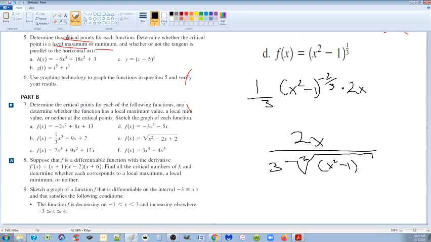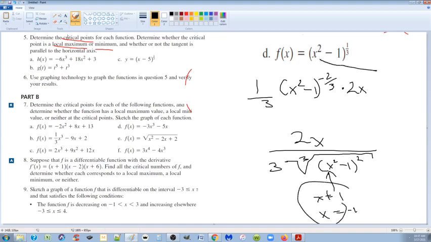Now there will be some conditions down here. We don't want a 0 in there. So that means that can never be 1 or negative 1. This is just the derivative though.